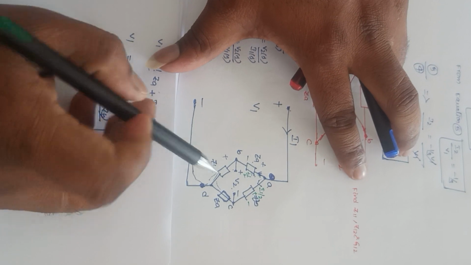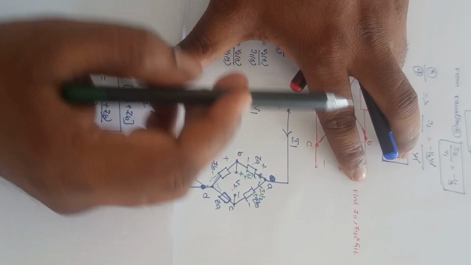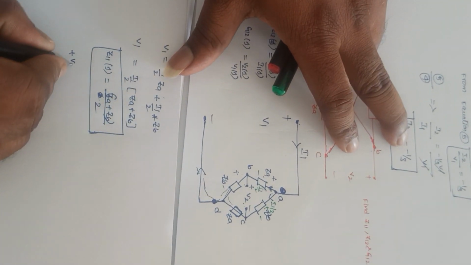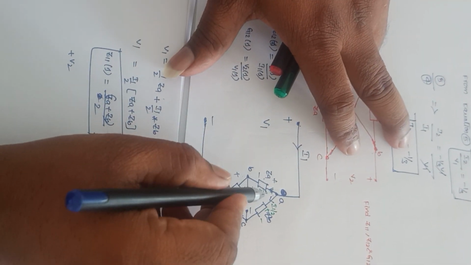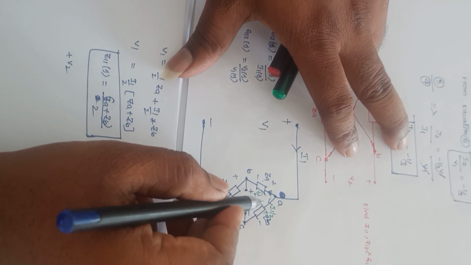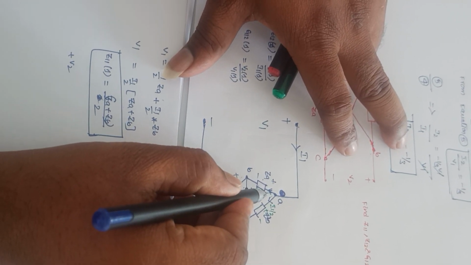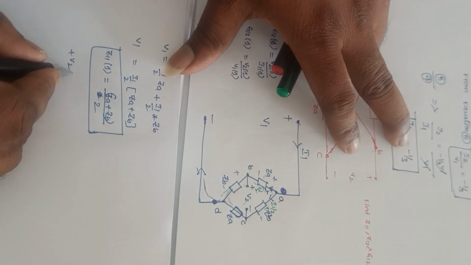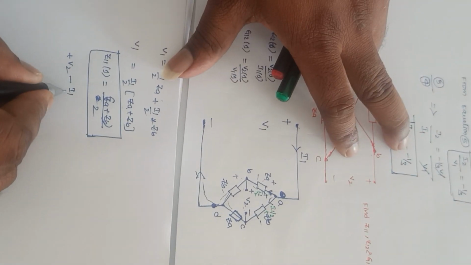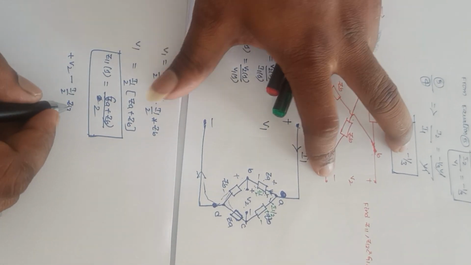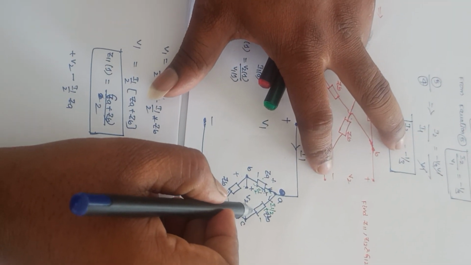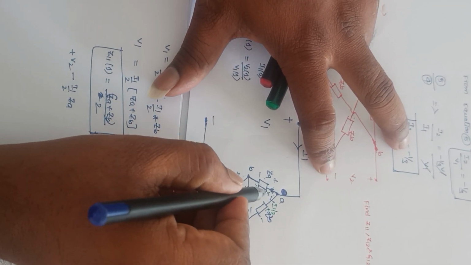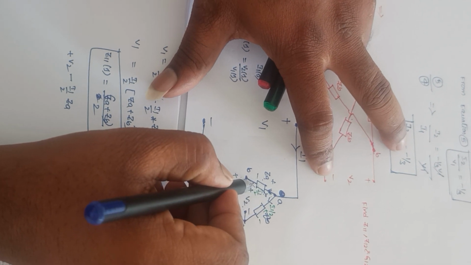If I apply the KVL in this loop, then plus V2. If I take the current leaving terminal, it is plus here. Sorry, whenever the current is passing like this, it is plus and it is minus.